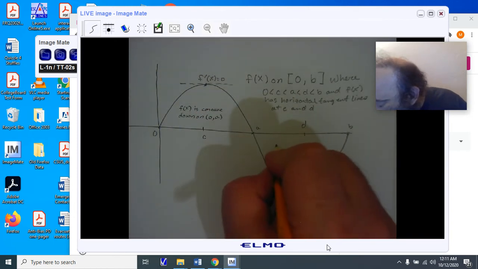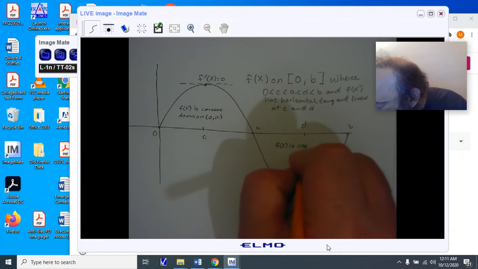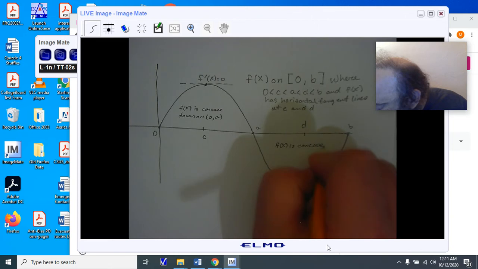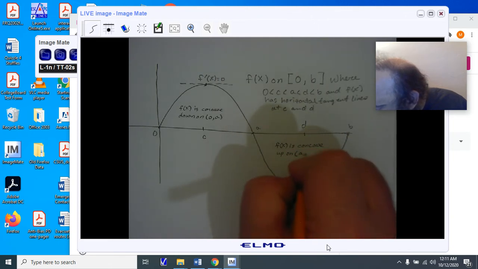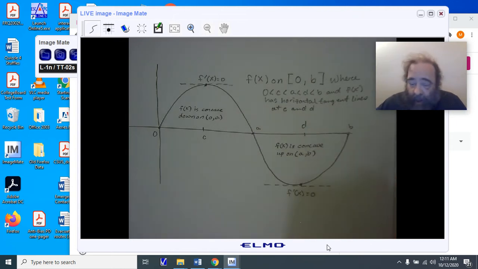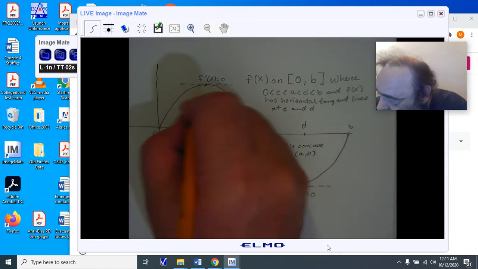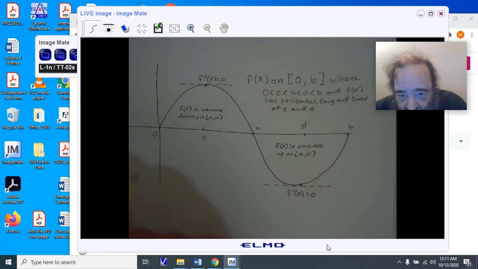Notice right here, f of x is concave up on a to b. And it's important to recognize that we do have concavity over the entire interval, and that's important around the relative extrema that we're considering.